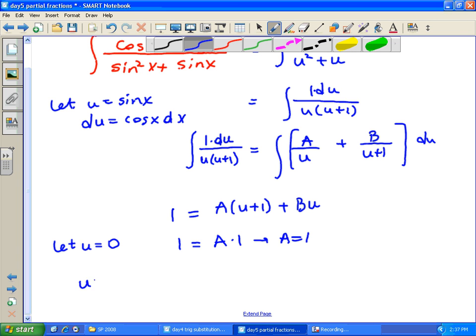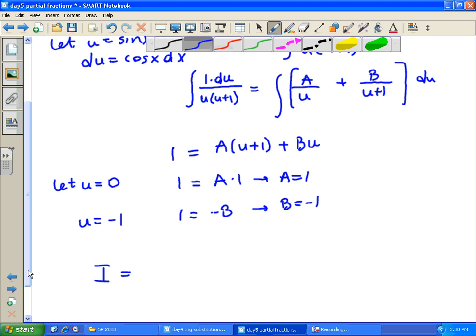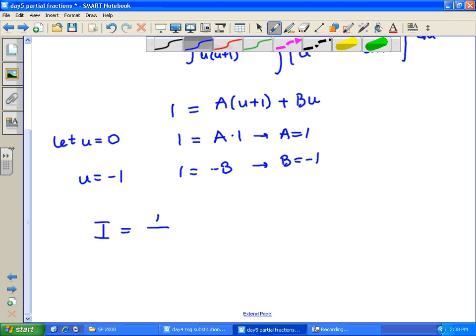If u is -1, then we will have 1 equals a times 0 plus b times -1. So b is -1. So our integral becomes a over u, which is 1 over u, plus b over u plus 1.